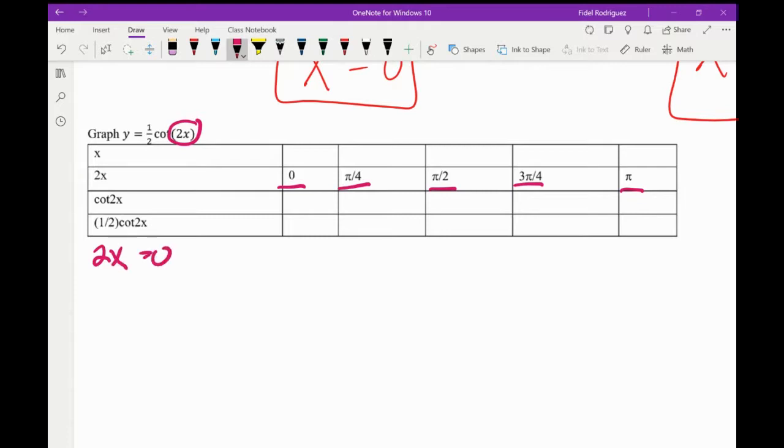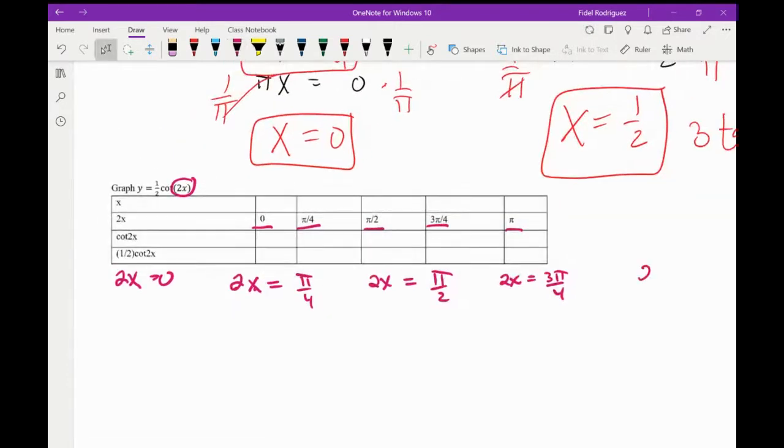So 2x equals 0, 2x equals pi/4, 2x equals pi/2, 2x equals 3 pi/4, and 2x equals pi.